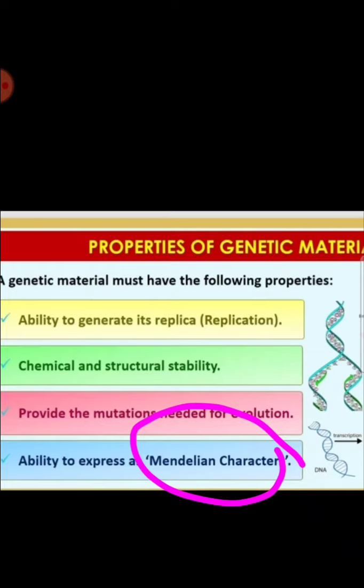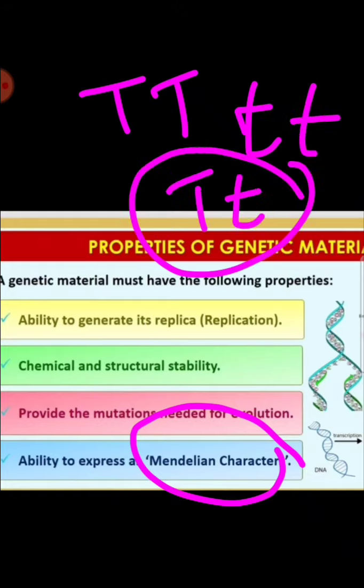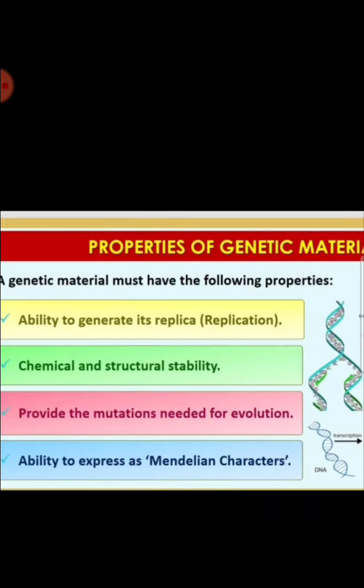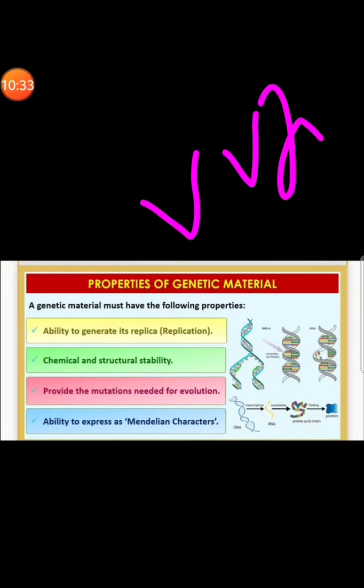That means we can get the true species, the pure breeds, and we can get the heterozygous breeds, right? So they should have the ability to express as a Mendelian character. So this is a very important concept you should remember.